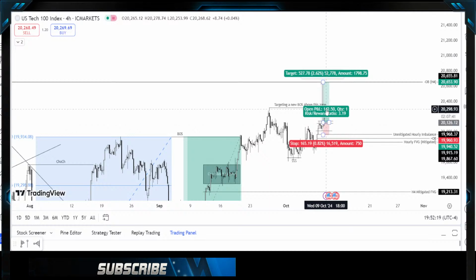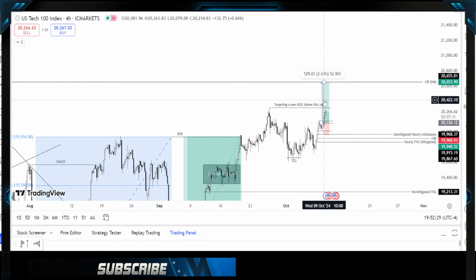I gave you the reasoning in the previous video as to why I told you guys to close, but to wait for a break above this zone. Then if we get maybe a consolidation during London session, New York session, we're going to buy it up to this zone. After this period, we're going to sell because we're going to get the break of structure.